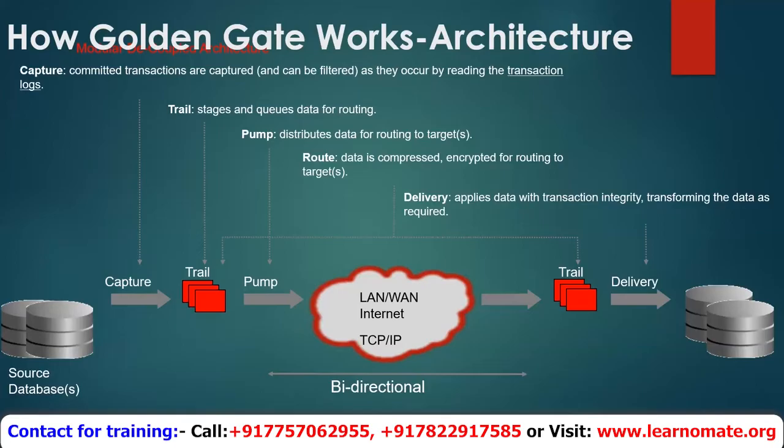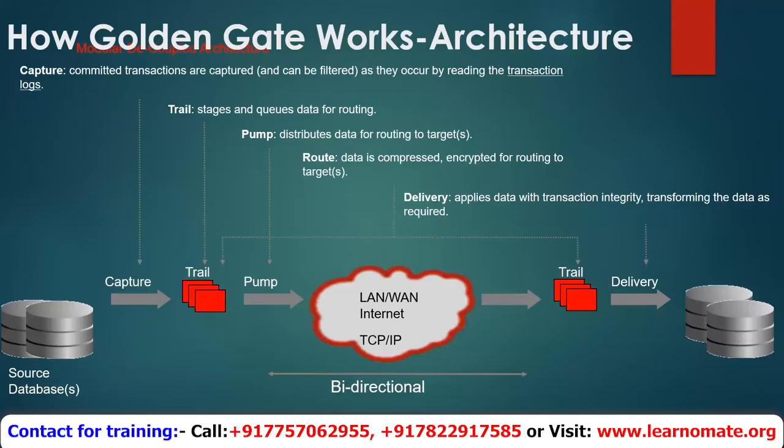But GoldenGate captures only committed transactions. The extract process will capture only committed transactions. It won't capture any uncommitted transaction. So the GoldenGate extract process reads the data from the transaction logs and captures the committed transactions.